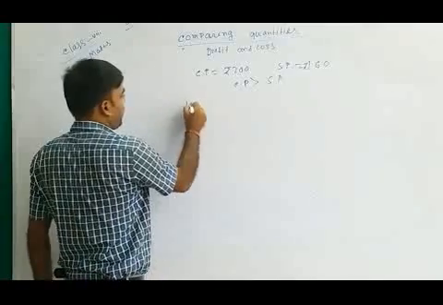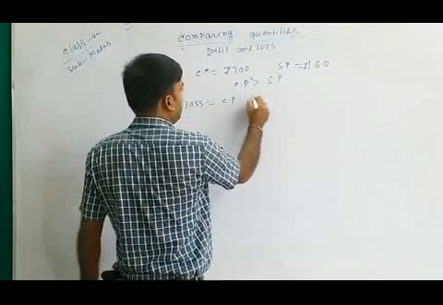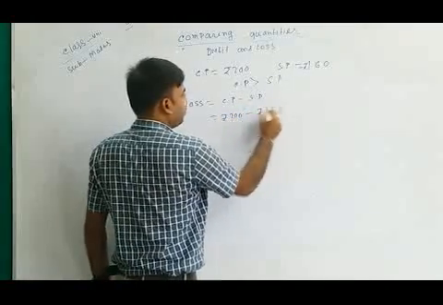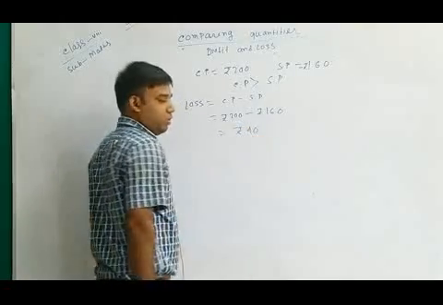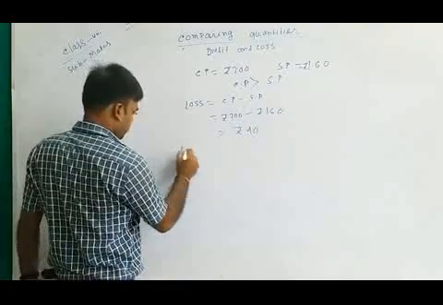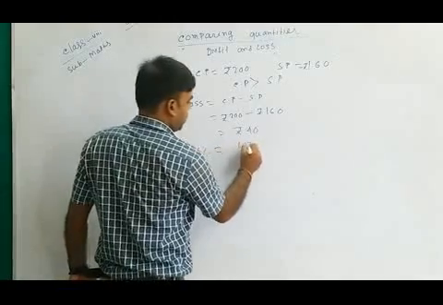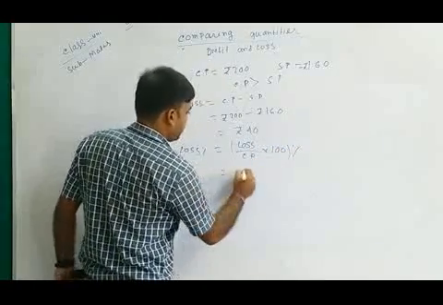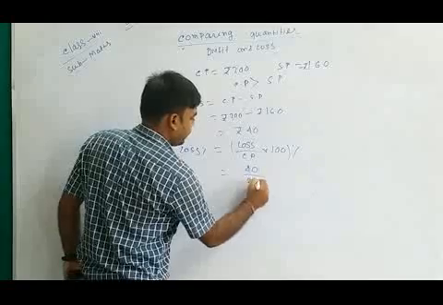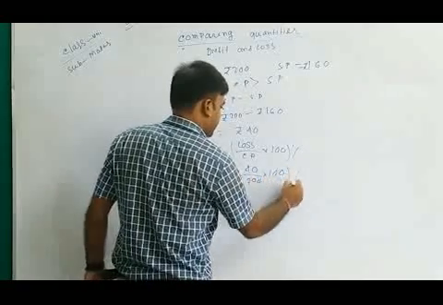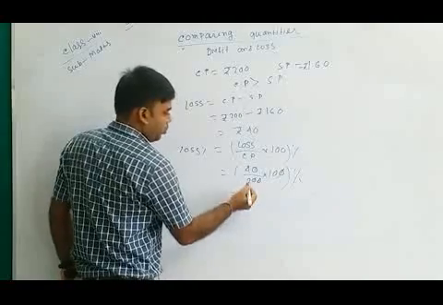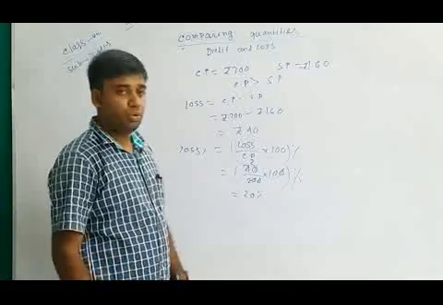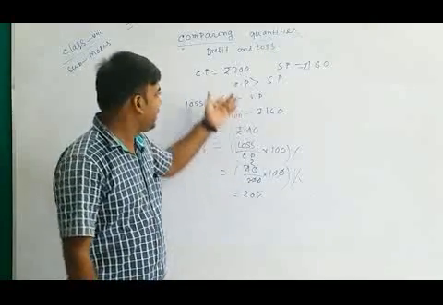Loss equals CP minus SP, that is 200 minus 160, so rupees 40 is the loss amount. Now loss percentage: loss by CP into 100 percent. Loss amount rupees 40, CP 200, into 100 percent, so 20%. We suffered a loss of 20%.